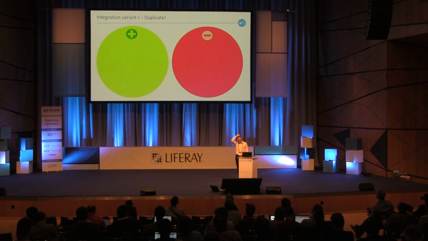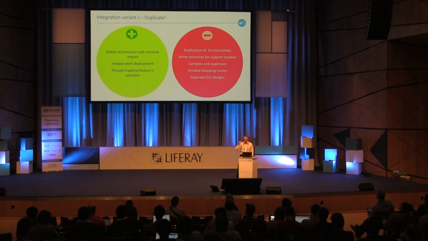But what are the pros and cons of this variant? The pros: you have a stable e-commerce with minimal impact. It stays enabled. It is still accessed by the customer. They really have and use the same site, same routes, and same products in it.